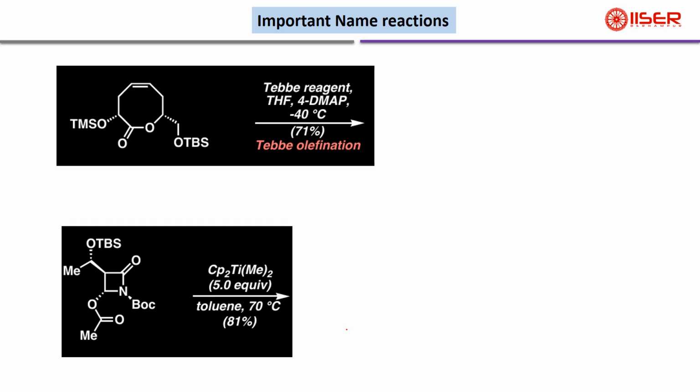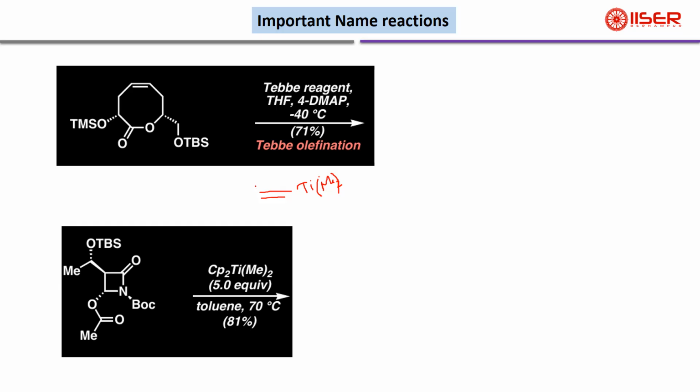So what will be the product in this case? They just wrote it as a Tebbe reagent. You know what the reagent is now. Suppose I am just drawing it for simplicity. This is our Tebbe reagent. So what will be the product here?